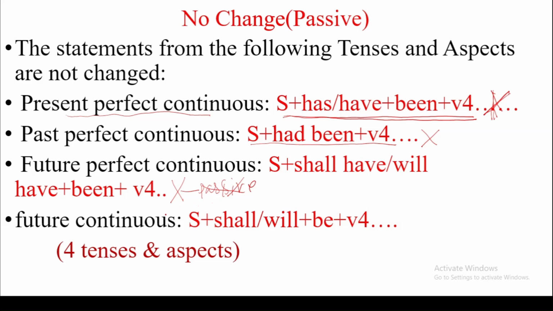And the last one is future continuous, a structure like subject plus shall or will plus be plus verb-ing. This structure also cannot be changed into passive structure.